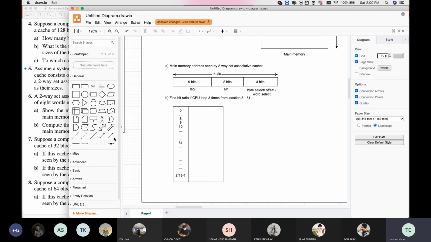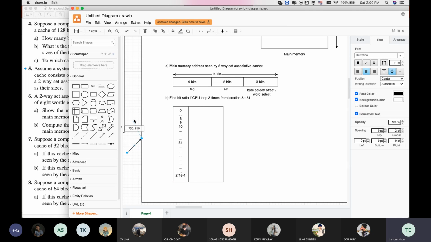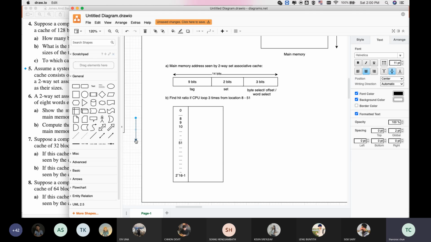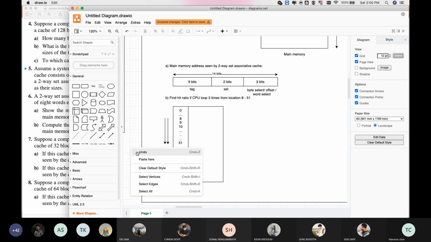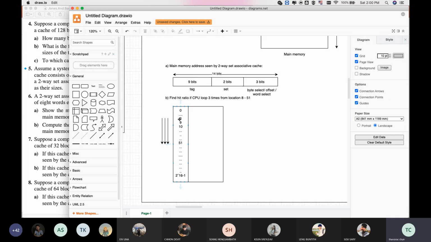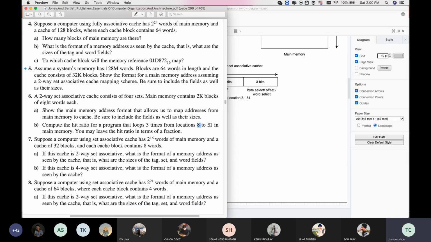And the question here is the CPU will be making requests from 8 to 51, and it loops 3 times like this. Okay, from 8 to 51.